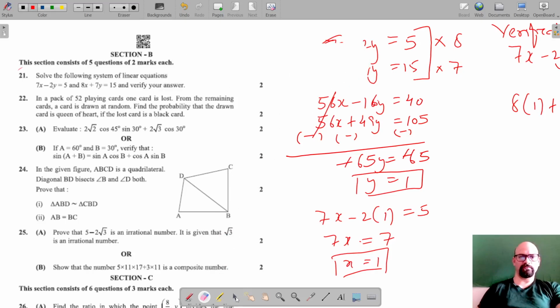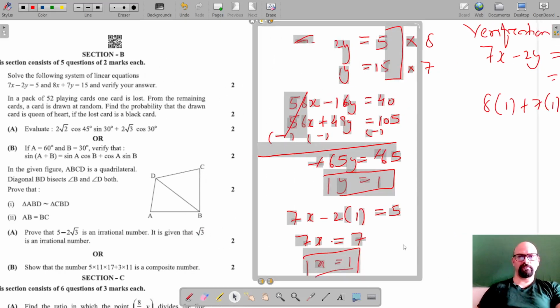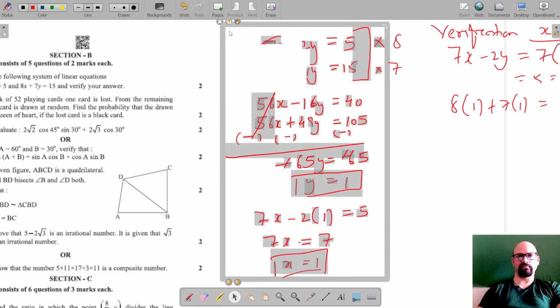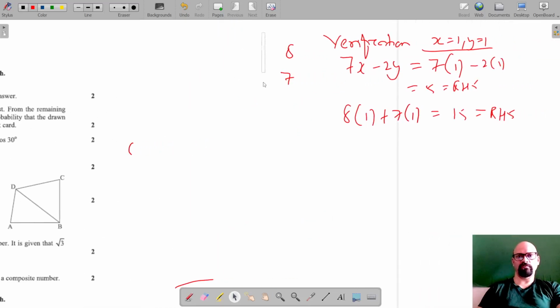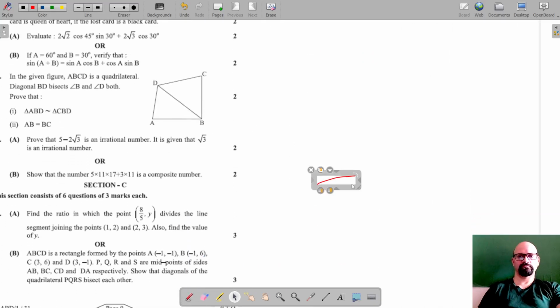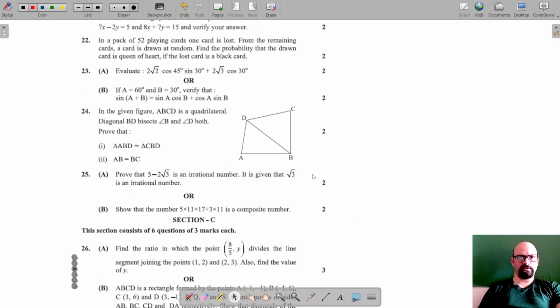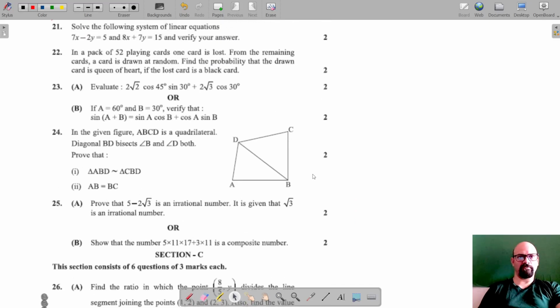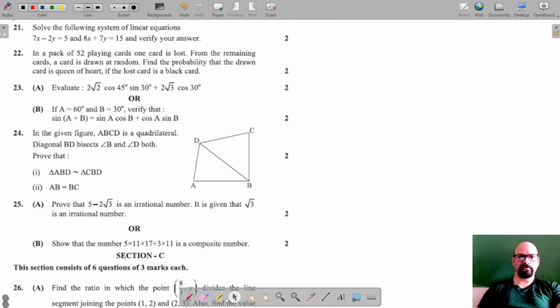Let's move on to the next question, which is question number 22. For question number 22, it's given that in a pack of 52 playing cards, one card is lost.